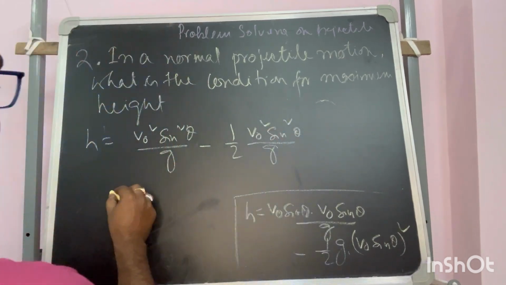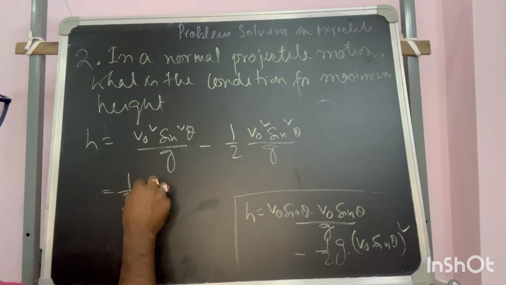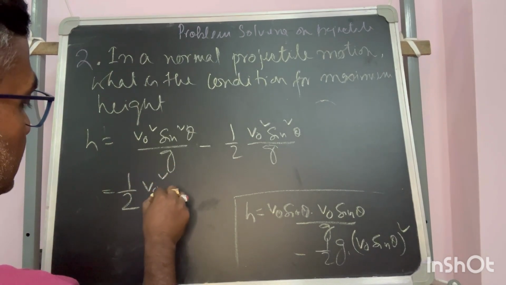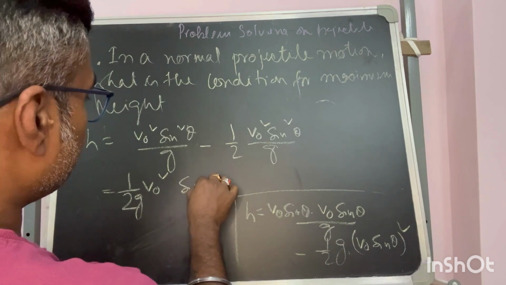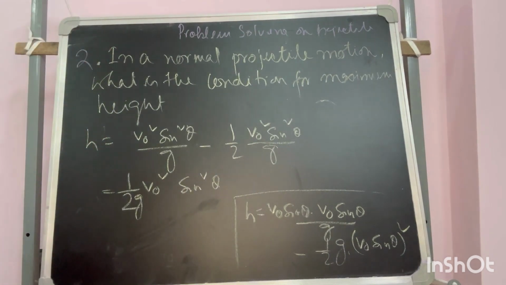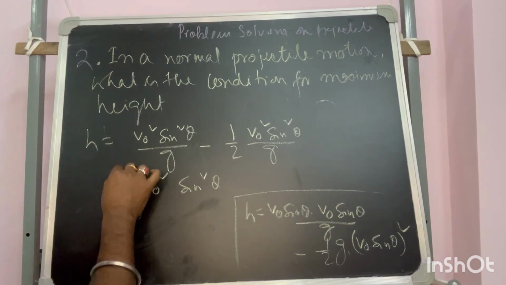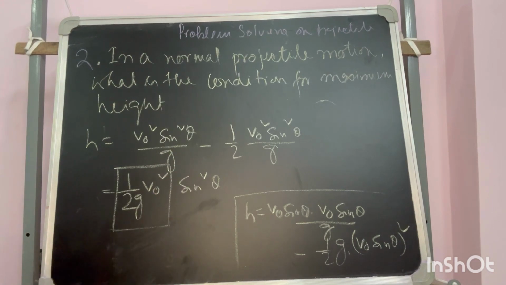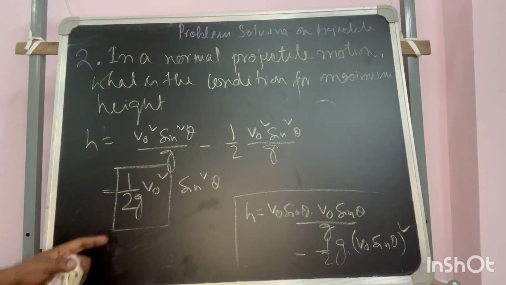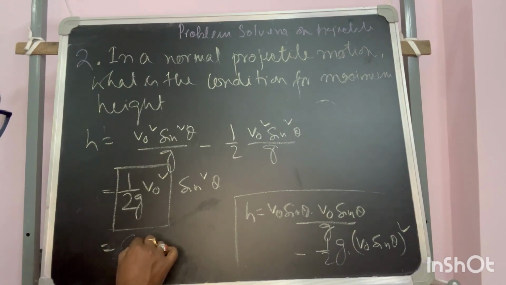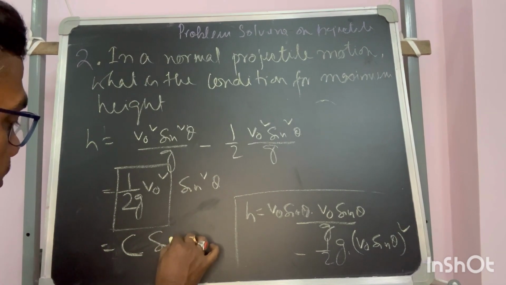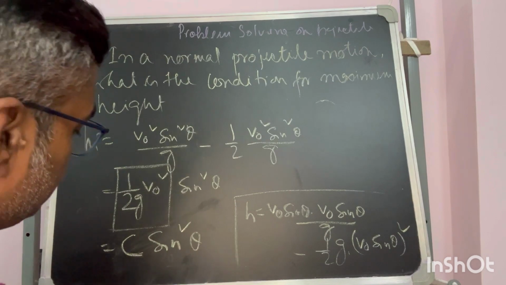So ultimately it will become v0 square by 2g into sine square theta. Now it has ended up with that constant, where we can say that for any particular motion v0 is constant, so that means H is a constant into sine square theta.